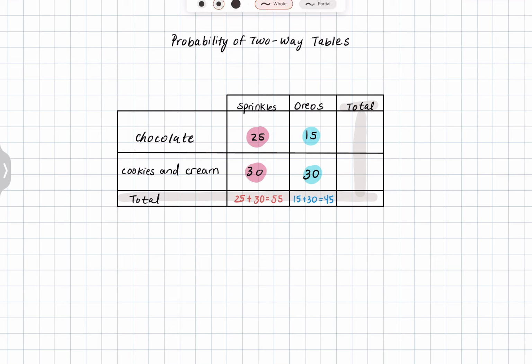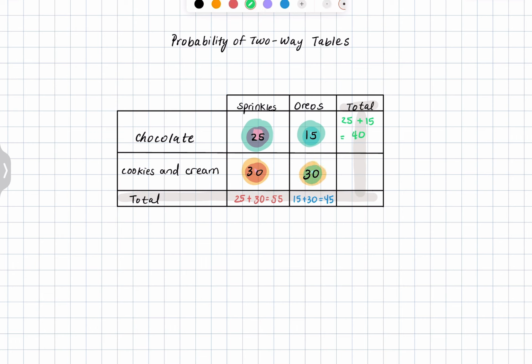And then lastly, to get the total column on this side, all I'm going to do is let me choose a different color here, add this side and this side, 25 plus 15, that gives me 40 total.